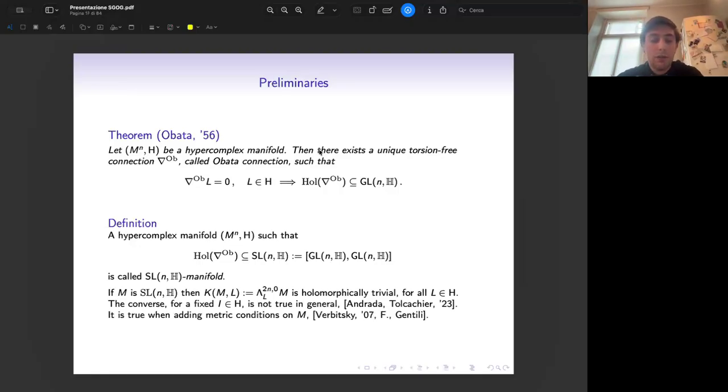But actually, the converse is true whenever we add some metric condition on it. By metric condition, I mean the existence of some special hyperhermitian metric. That was proved by Verbitsky for the first time, and then we will see our result. So let me switch to the metric side.